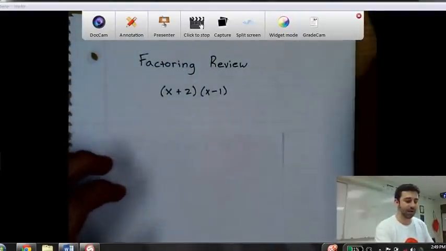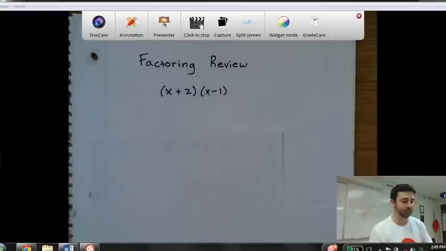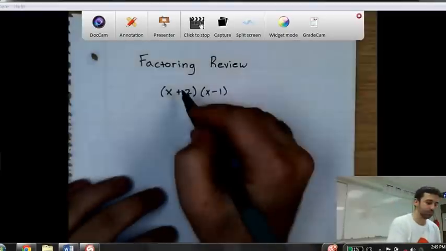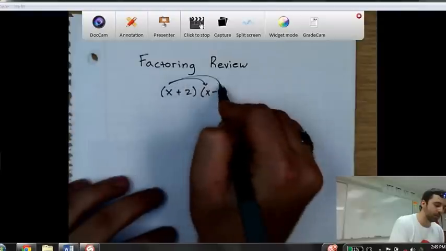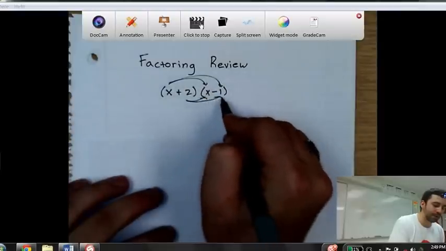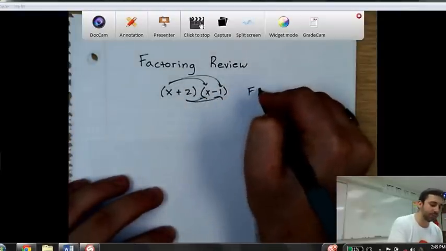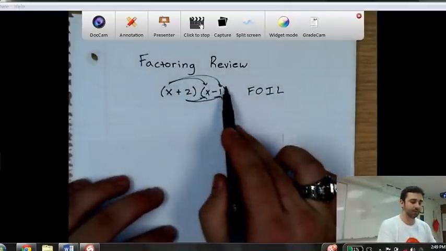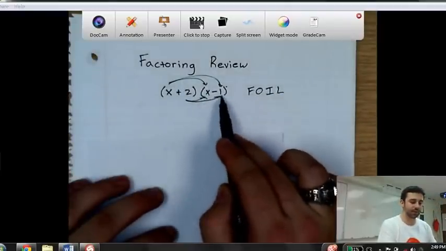When we have a factored form such as this, where we're multiplying two binomials, we use that method called FOILing. First, outer, inner, last.